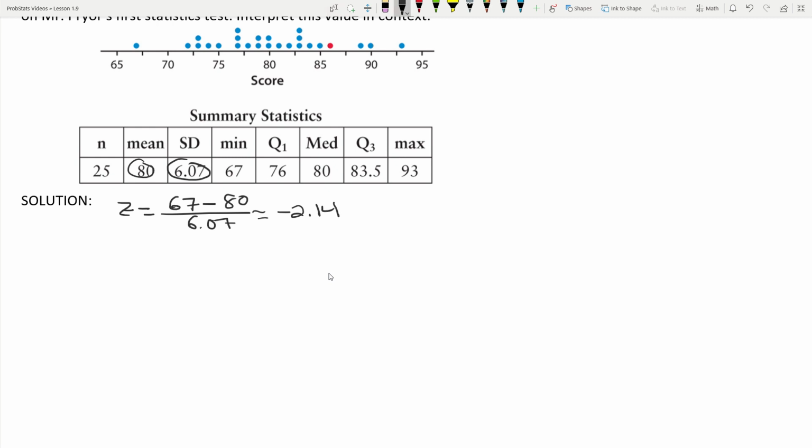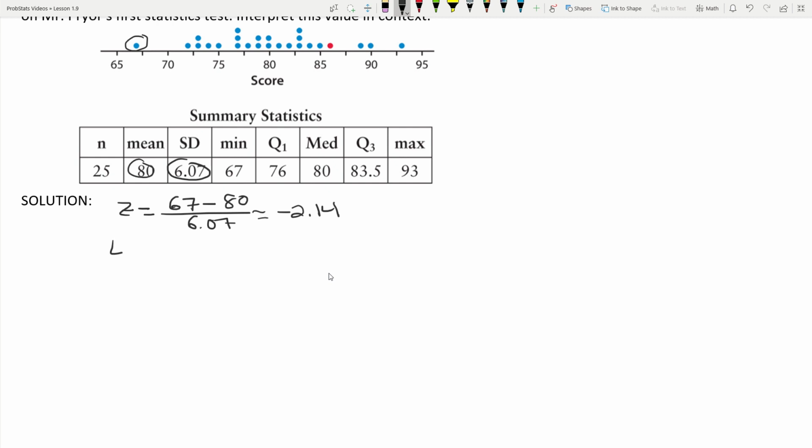That's what that negative says. And he scored pretty low on this exam compared to other students. He's negative, so he's basically over 2 standard deviations below the class mean. So relative to his peers, he's not doing very well. In fact, he's doing the worst in the class, because he's got a 67, and that is the lowest score if you look at here.